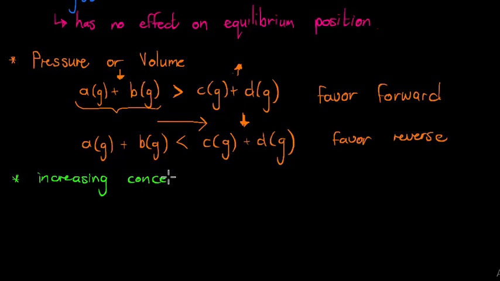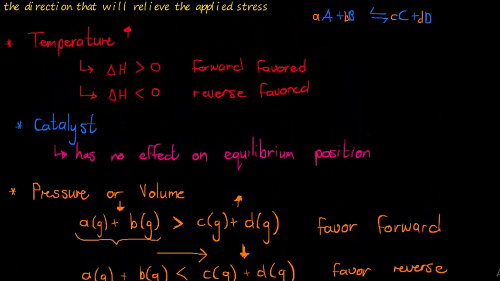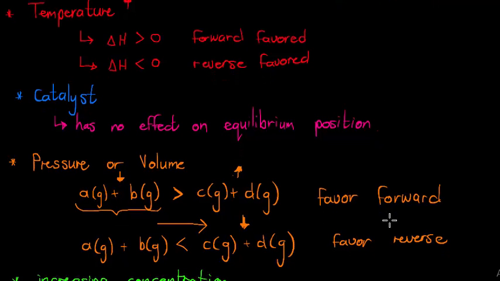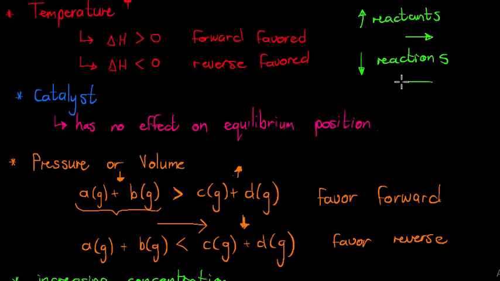Hopefully what you'll be getting so far, in both temperature and pressure or volume change, is that when I increase reactants, I'm favoring the forward reaction. When I decrease reactants, I would favor the reverse reaction.